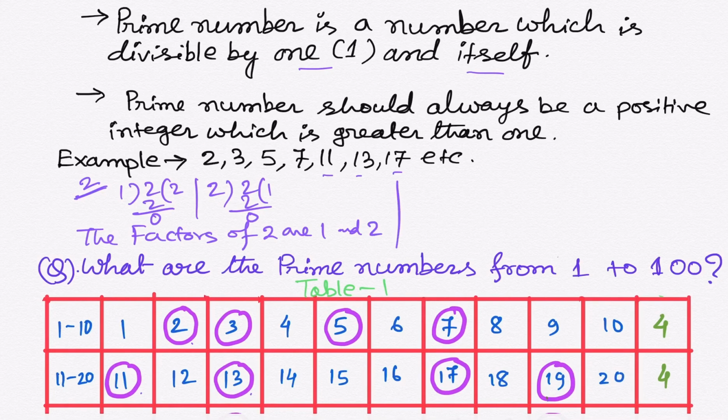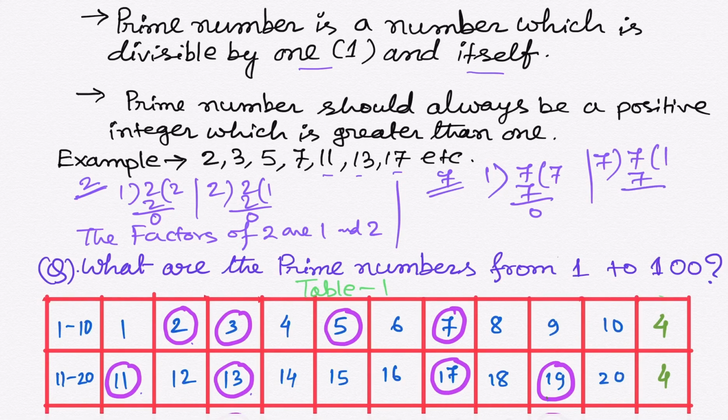Now I'll take another number, say 7. Let's check whether this number is prime or not. 7 is divisible by 1: 1 seven is 7, the remainder is 0. And 7 is divisible by itself: 7 ones are 7, the remainder is 0. But 7 is not divisible by 2, 3, 4, 5, 6.